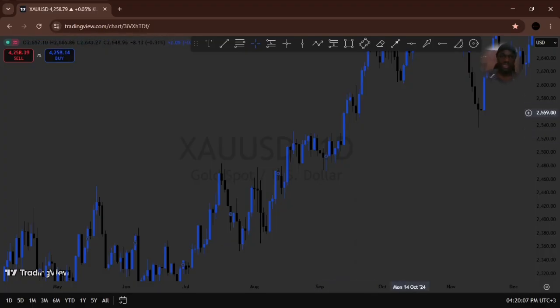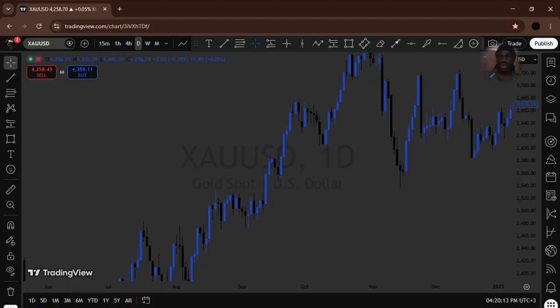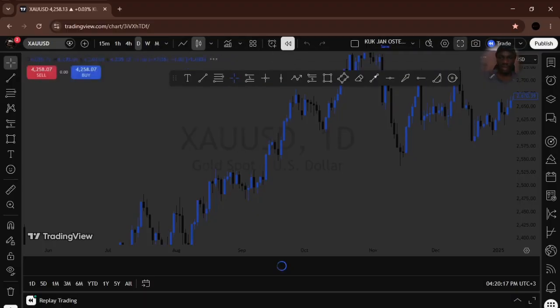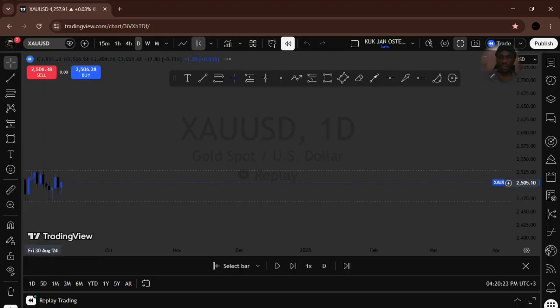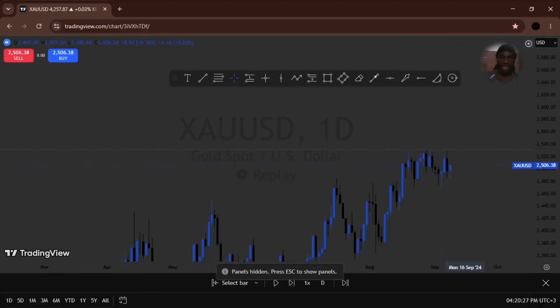So we could see around here. So let's have our take, guys. The first example was a bearish fair value gap. Now today we are going to see a bullish fair value gap, guys. So let's go back now and check it.